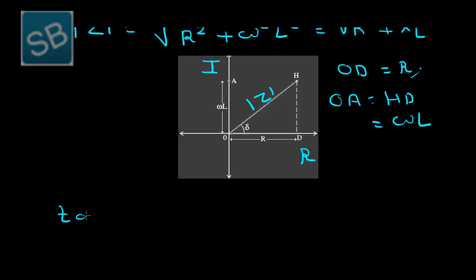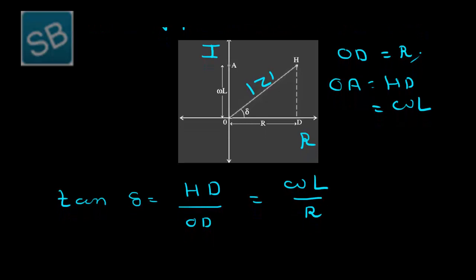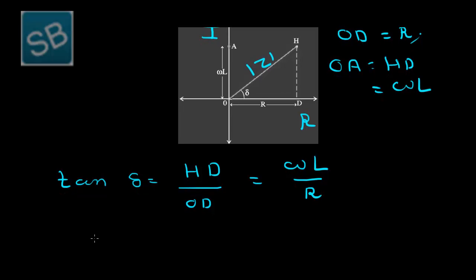Because our aim is to find the phase difference and then understand the characteristics of this circuit. So here tan delta is OA or HD over OD, that is equal to omega L over R, and from this I can find the value of delta by taking tan inverse on the right hand side. So delta is equal to tan inverse of omega L over R.